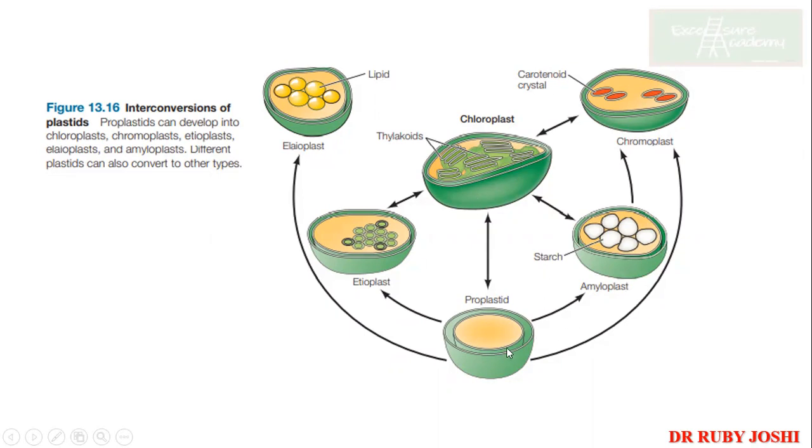Then again you have the proplastid. From the proplastid you can get a chloroplast, an amyloplast, or an etioplast. It will also give you an elaioplast. So it is all depending on the function and the requirement of your plant, which will decide the fate of the cell to have more chloroplast or more amyloplast or chromoplast. Okay? Is it clear, everyone?